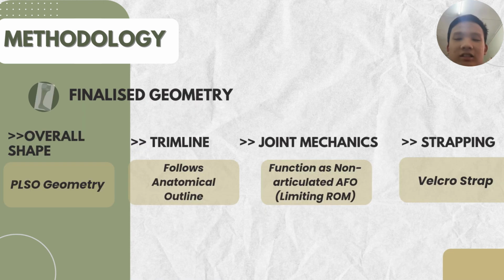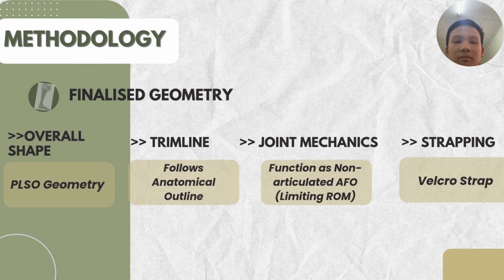After the discussion with my teammates, our team came up with the finalized geometry and design of the AFO in four perspectives. The first one is the overall shape, the second one is the trimline, the third one is joint mechanics, and the fourth one is strapping.